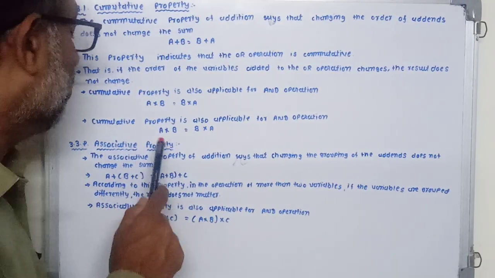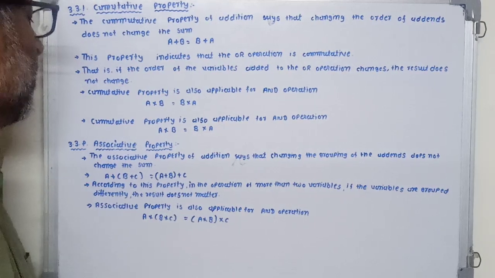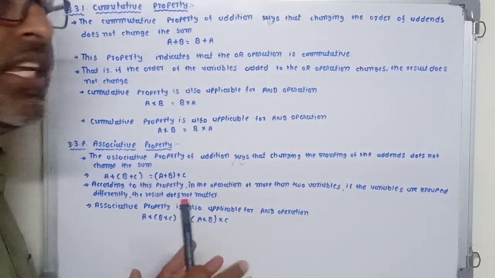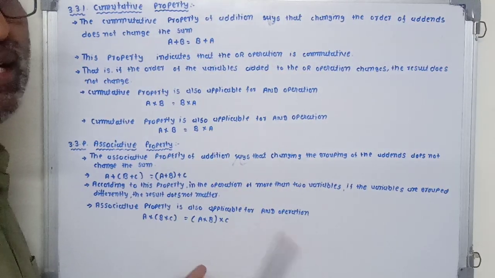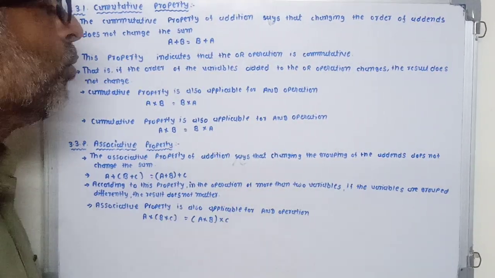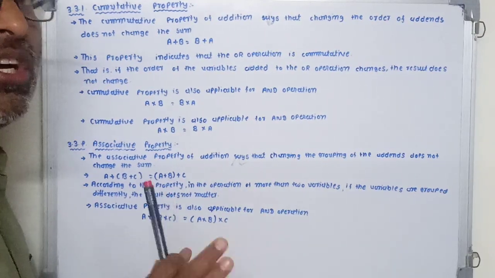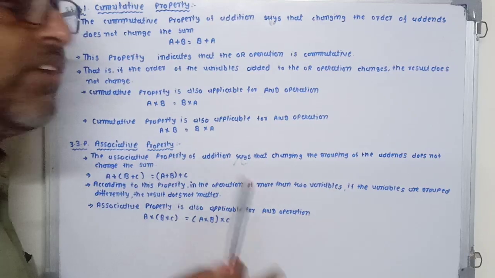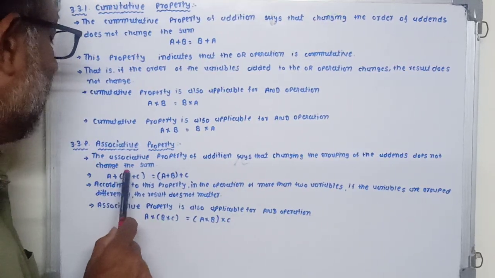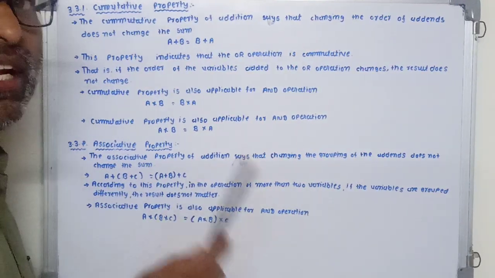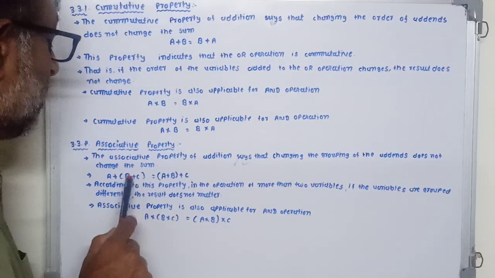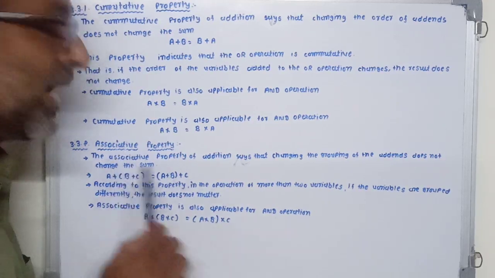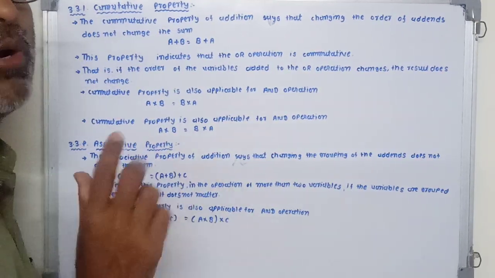Next, associative property. The associative property of addition indicates that changing the grouping of the addends does not change the sum. Here we are taking three variables, A plus B plus C. Here we are taking one group which consists of variables B and C, so I can write B plus C in brackets, which indicates the particular group.